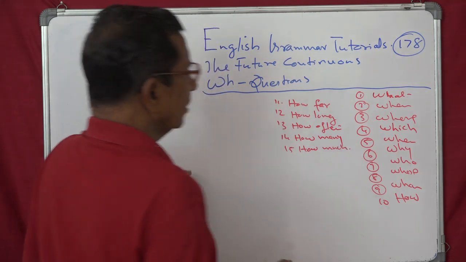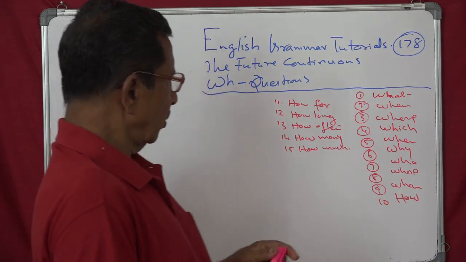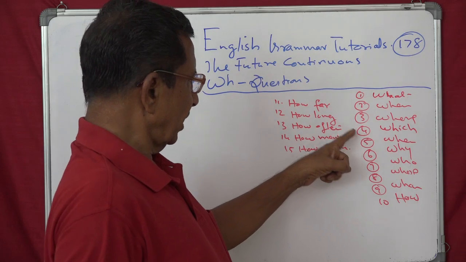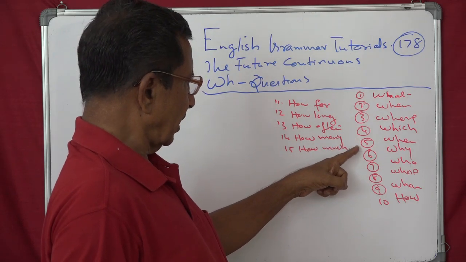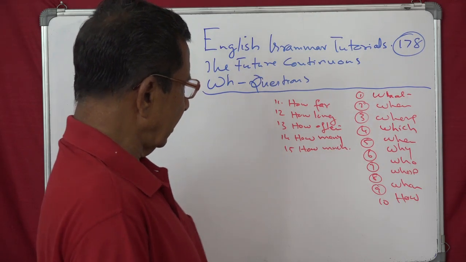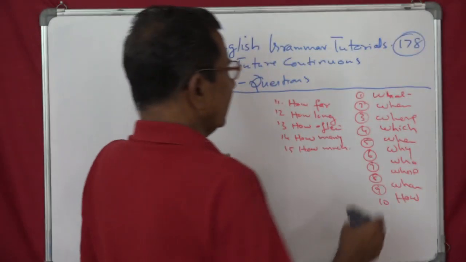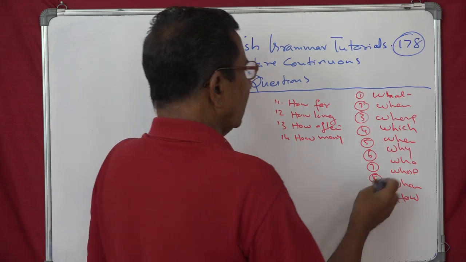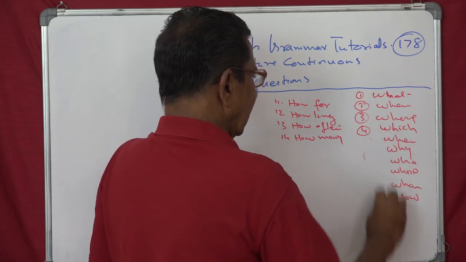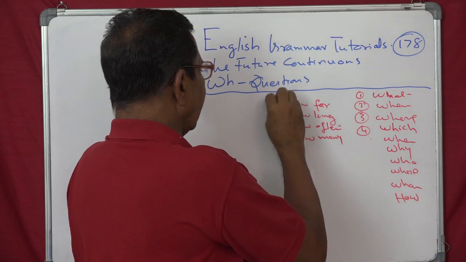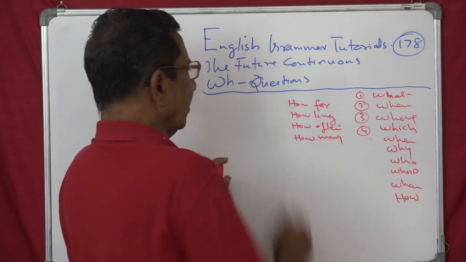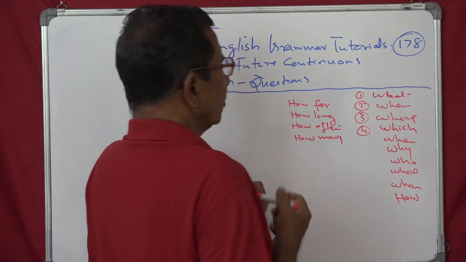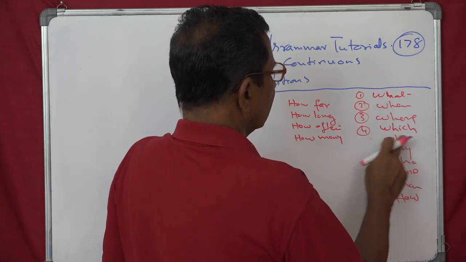Isn't it? So we have what, when, where, which. When we have twice. That's why I was thinking there are only 14 and instead we have got 15. That is a mistake in numbering, that's all. So you have got when twice.